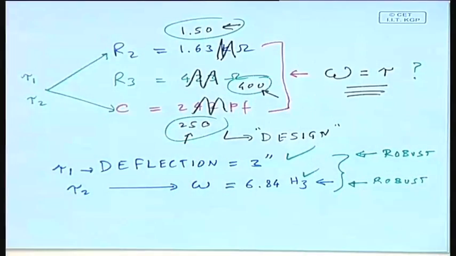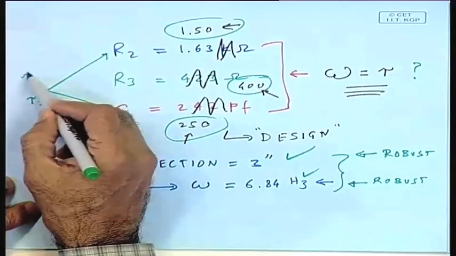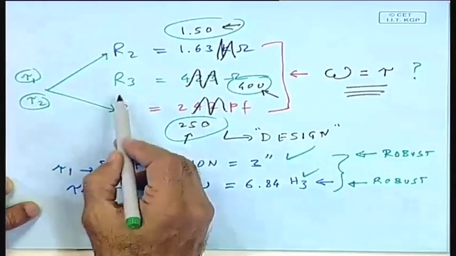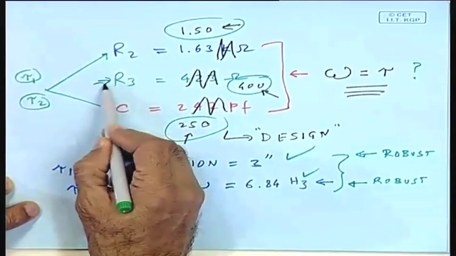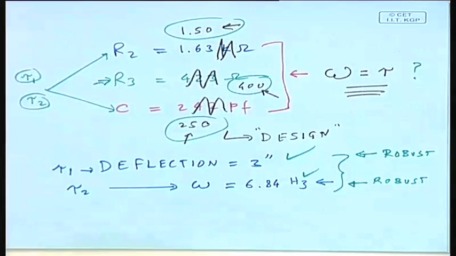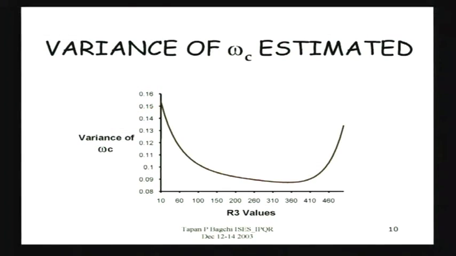Because these are simultaneous equations, I've been able to get this target and that target met by selecting appropriate R2 and C. The one that is left free is this one. This is the one I'm going to be manipulating to try to minimize variance. And let me show you what we saw. What was seen when we tracked the variance of omega C. Omega C is now our cutoff frequency.